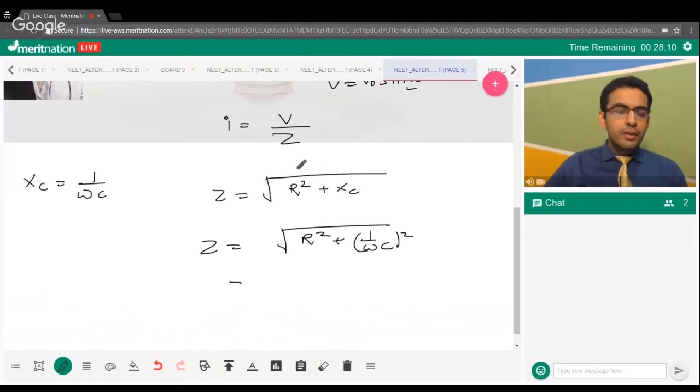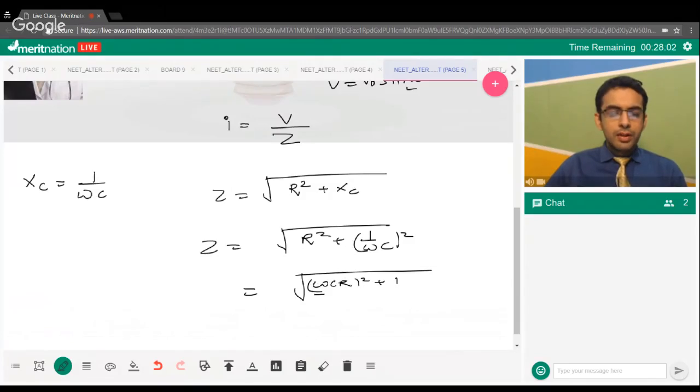When you calculate this, you get Z equal to under root of (omega C R) square plus 1, divided by omega C. This is the value of Z.